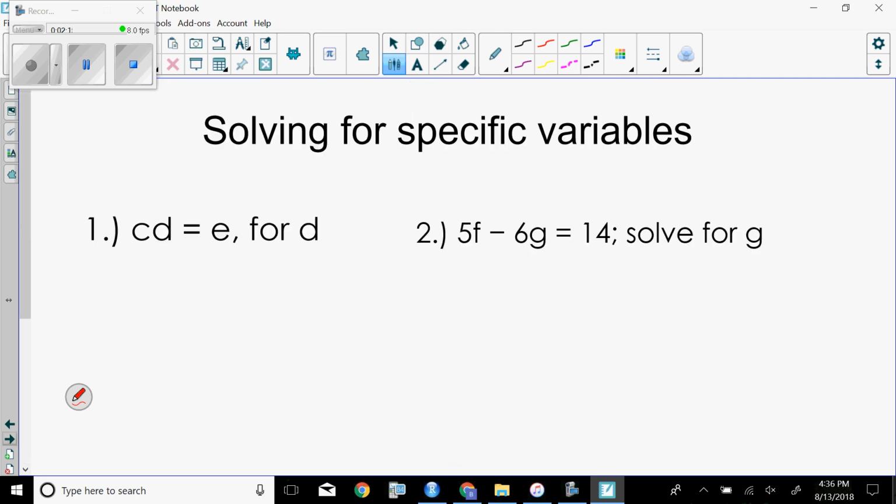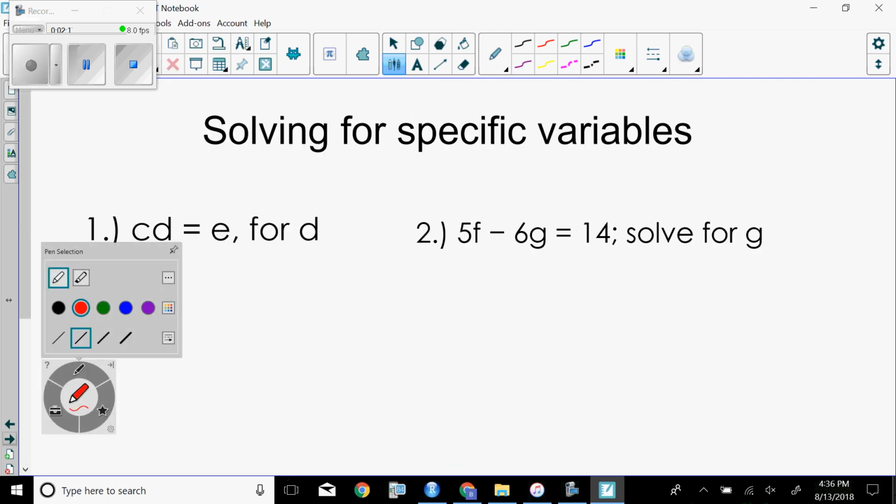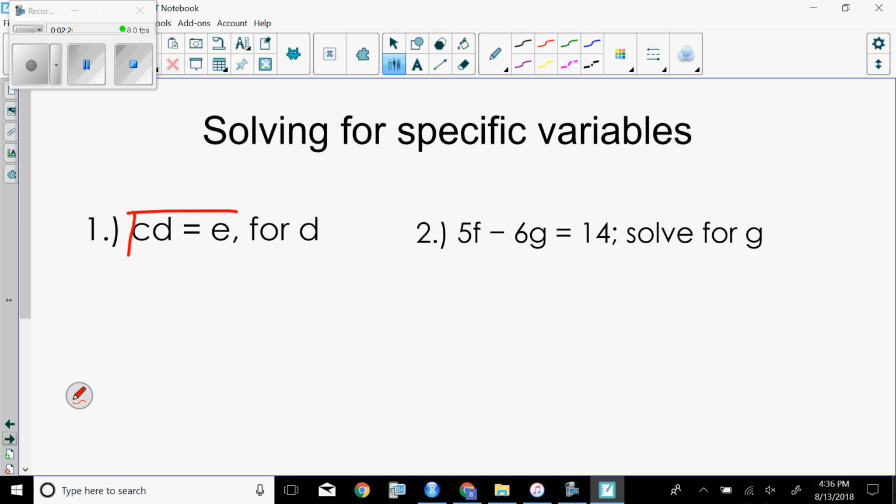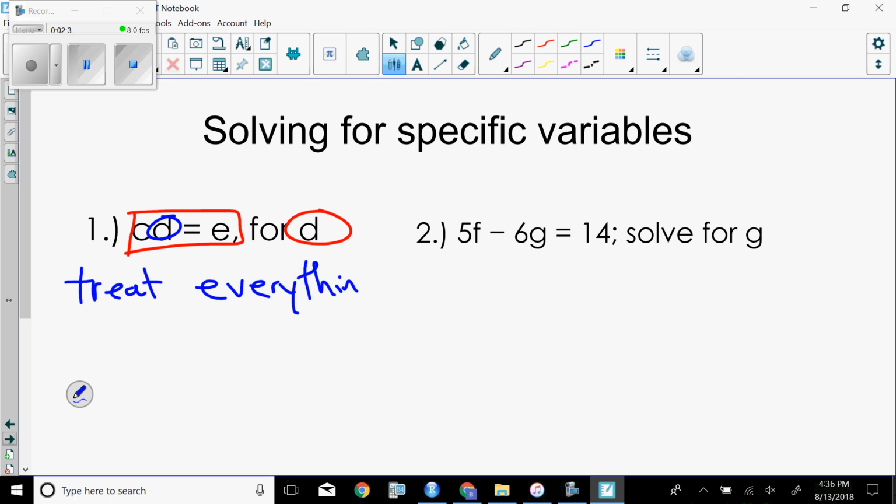Now it says solving for specific variables. I want to solve this first equation right here for D. So when I'm looking at that, I treat everything else like a number.